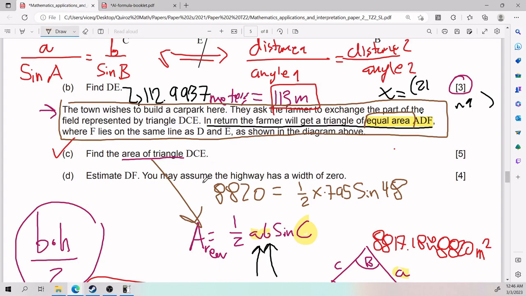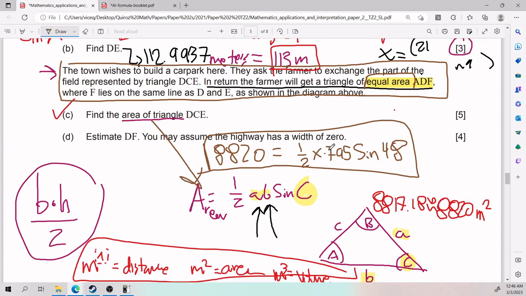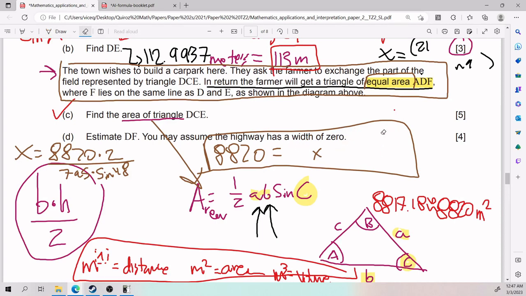Okay. So I have this set up, and now I need to get x alone. See? So it's going to look a little bit messy, but technically x is going to be equal to 8820 times 2. So that's this guy here being multiplied, divided by 795. So that's this guy being divided again by sine 48. So all of that done makes me get x alone, as you see on the left side.